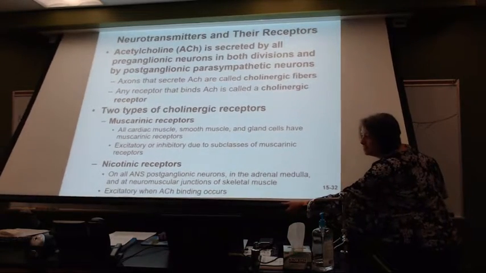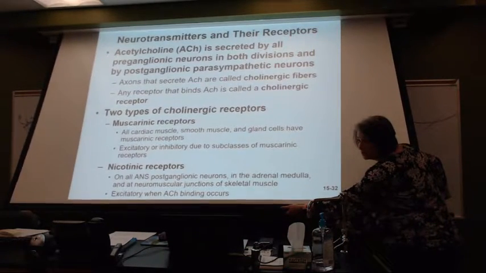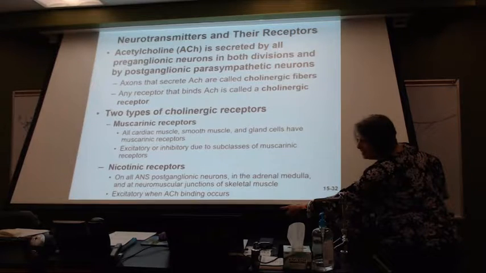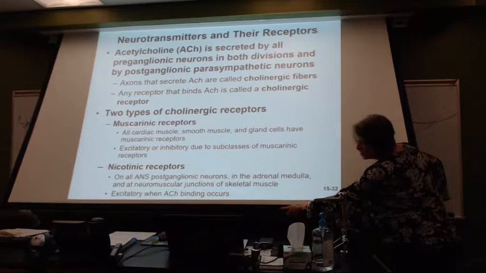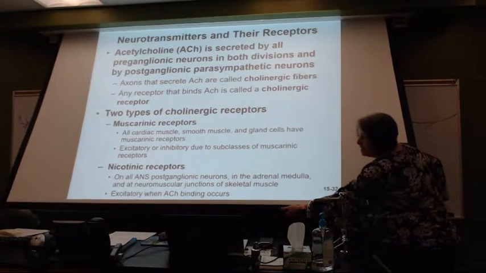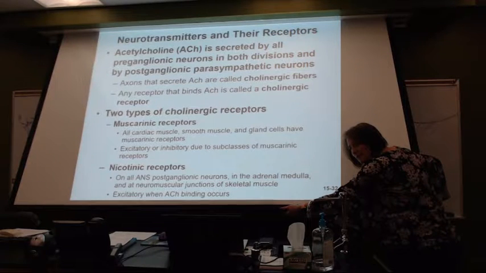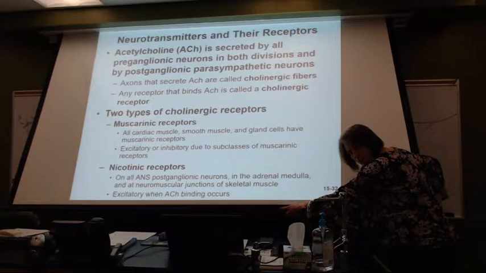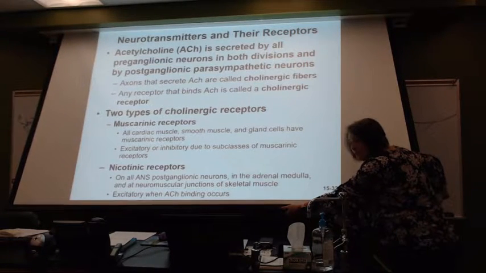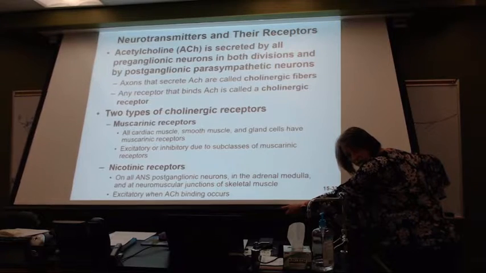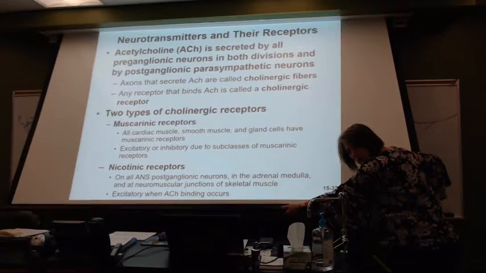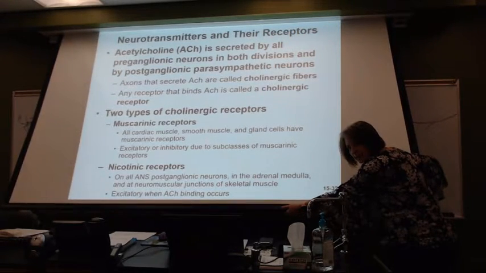But now, look what happens if it's a nicotinic receptor. These are going to be postganglionic. Where do we see it? Adrenal. That's for our purposes right now, in the autonomic nervous system, the adrenal gland has the nicotinic.